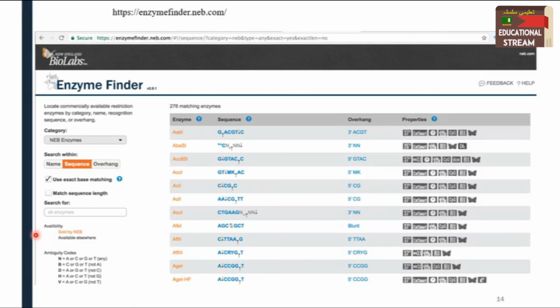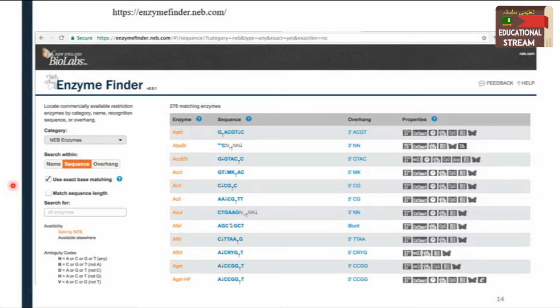You can get information from the cloning vector. Cloning vector has a specific site at which the different cloning enzymes are present. This site is known as the MCS site or multiple cloning site, and you search those enzymes which are present in the multiple cloning site in your DNA sequence.